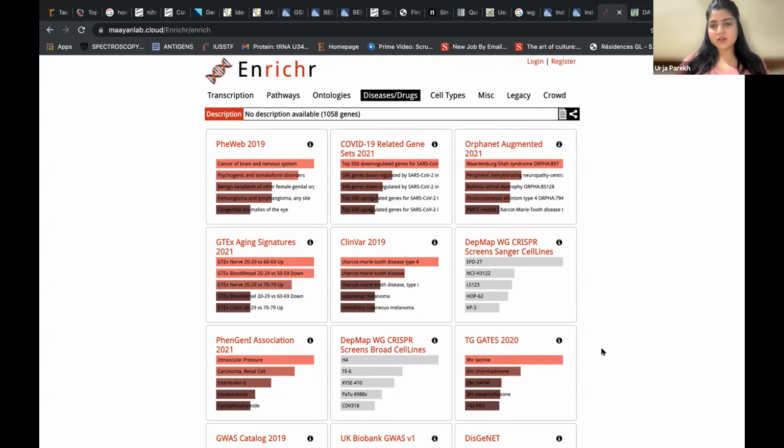What I further intend to do is compare these results with the results that I got from the 40 samples that I previously analyzed, and also compare these results with an external data set so that I can say that these results can be generalized, and these might be important drivers of gliomagenesis overall. So I hope you all have understood what I have been trying to do, and I would love to get some feedback on the same.